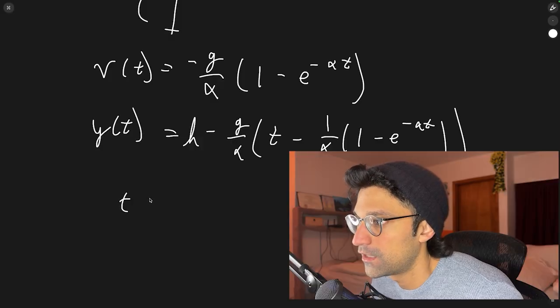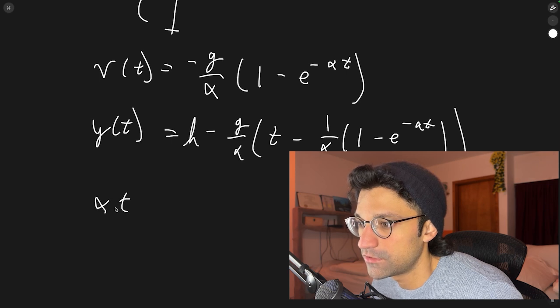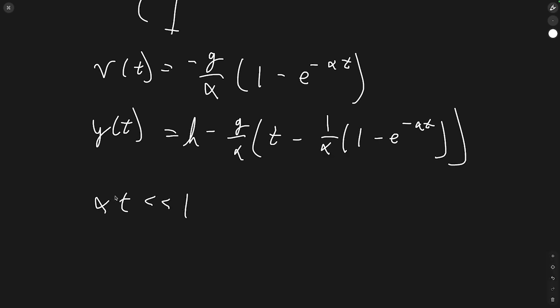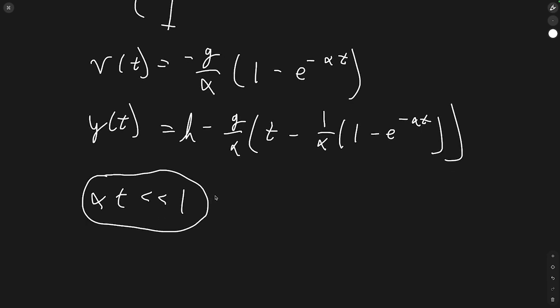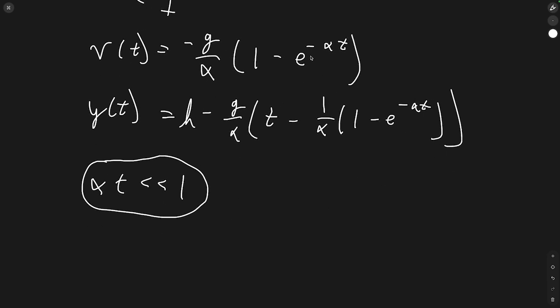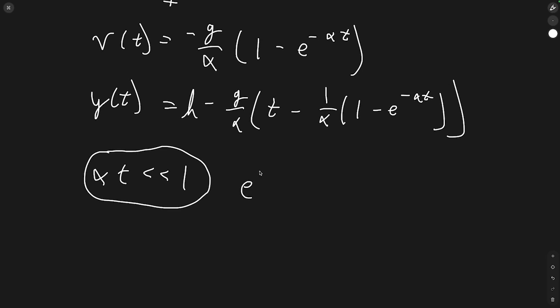So let's think of the situation where t is really small, and I'll say specifically alpha t. When this number is really small, we can use a Taylor series to approximate e to the minus alpha t, right? Because e to the minus x is approximately equal to 1 minus x plus x squared over 2.